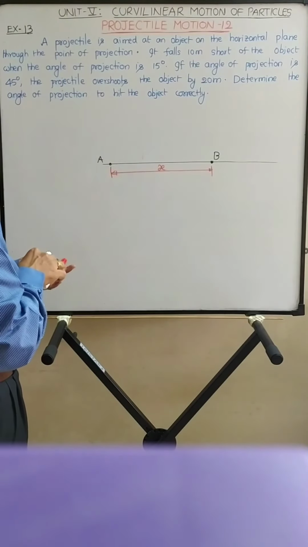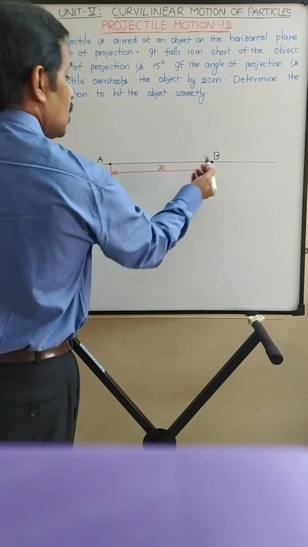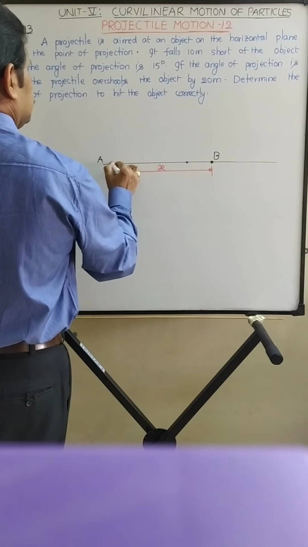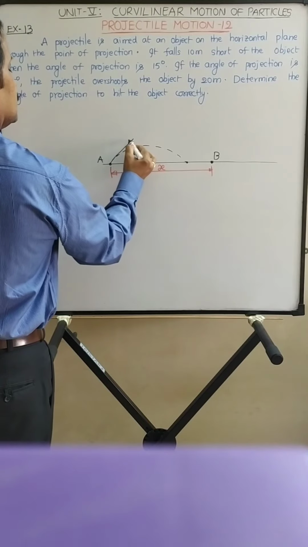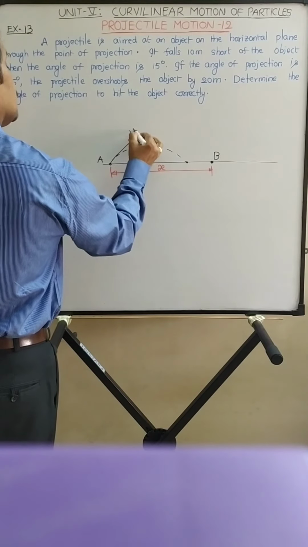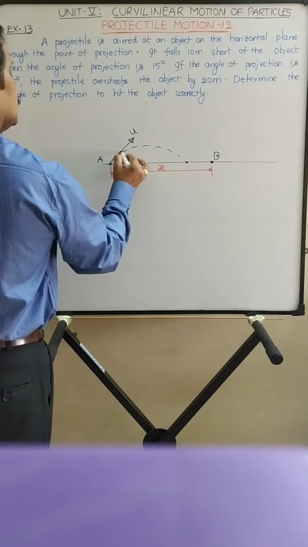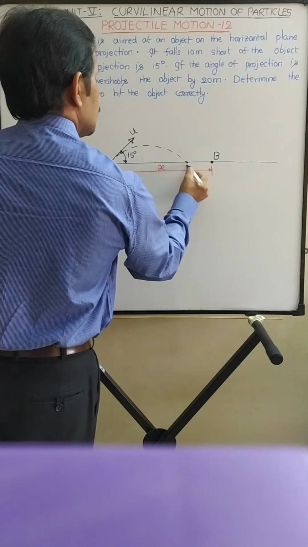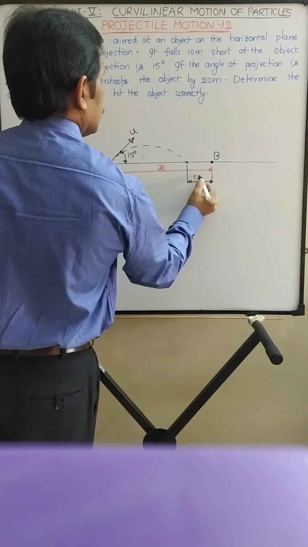When the angle of projection is 15 degrees, it is falling short of the target by 10 meters. So initial velocity is u. At an angle of 15 degrees, it is falling short by 10 meters.